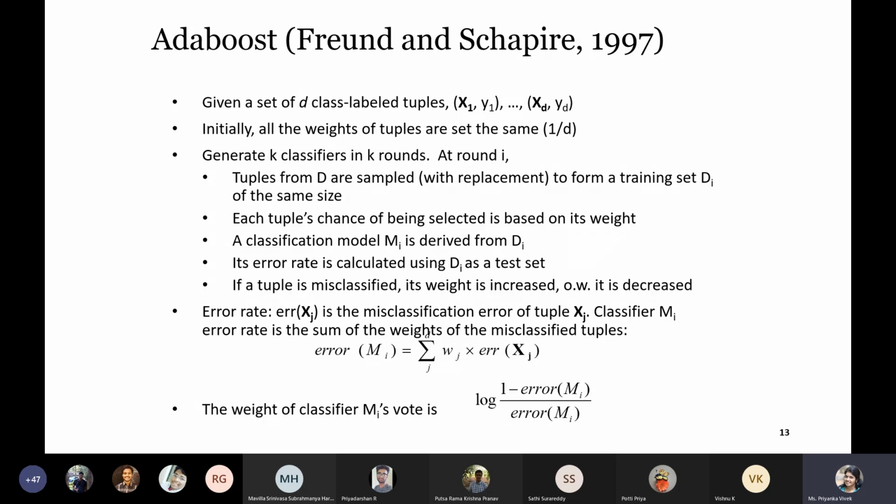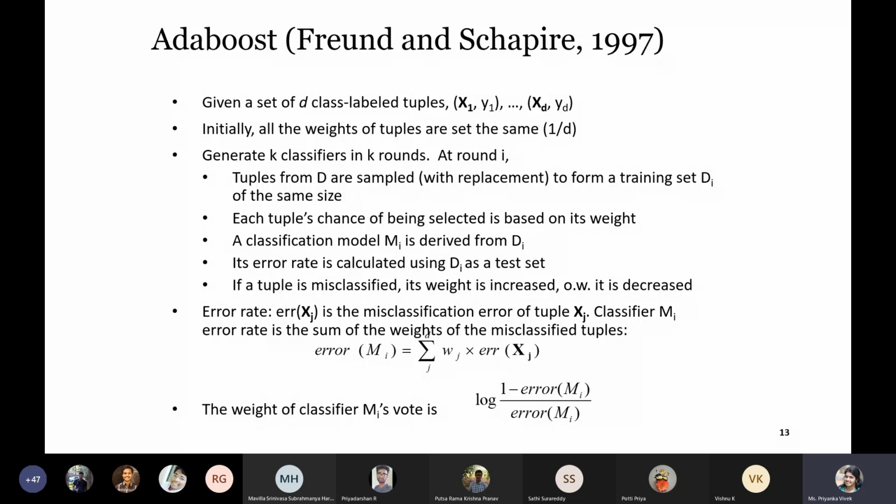Now what happens? Tuples are sampled to form a training set Di of the same size. At a particular round, say the ith iteration, we take some samples to form the training set. Here also sampling with replacement is used, so the same tuple might be used multiple times in each iteration.